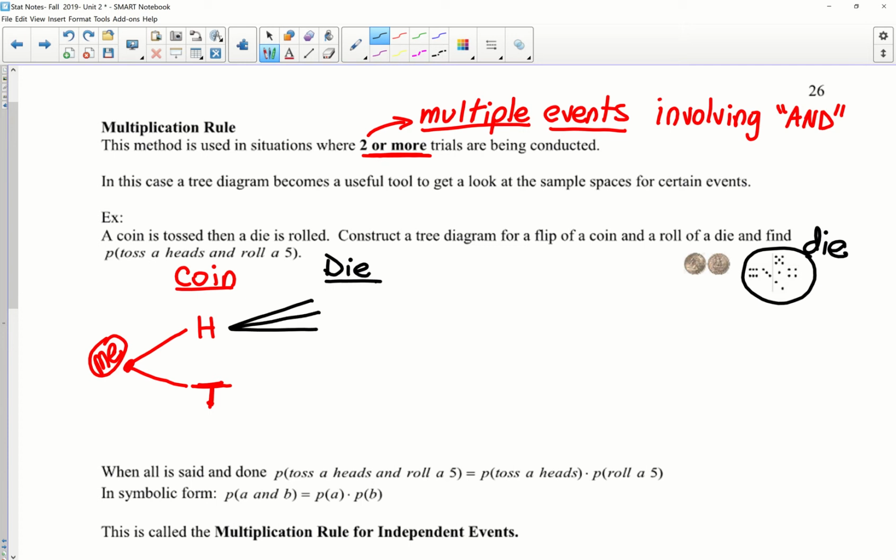There are 6 sides of a die, all equally likely to occur. So 1, 2, 3, 4, 5, and 6.